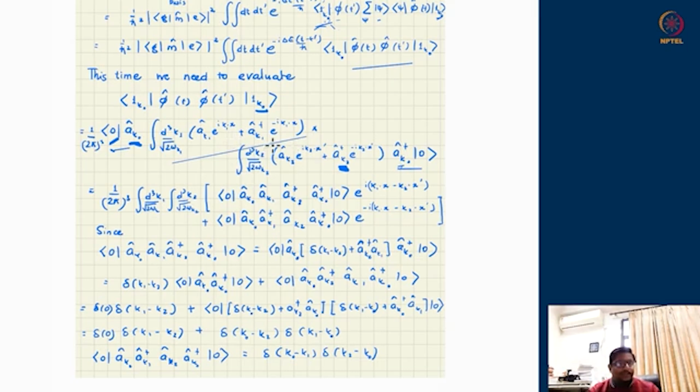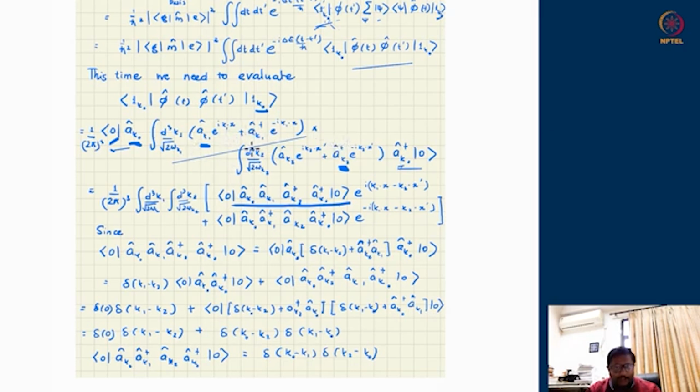The two field operators can only supply one a_k and one a_k dagger, such that I can write a surviving operator structure. One possible surviving term will be when this a_k0 and this a_k1 are together, while this a_k0 dagger and this a_k2 dagger are together on the other side. So this will be the first term which will be contributing. Their phases have to be adjusted.